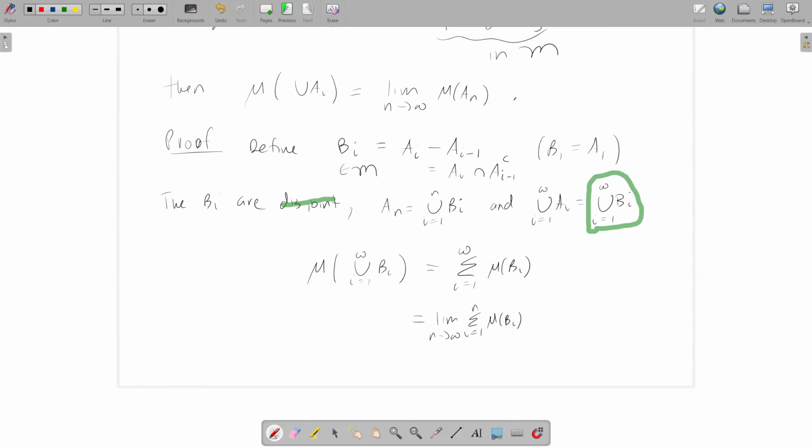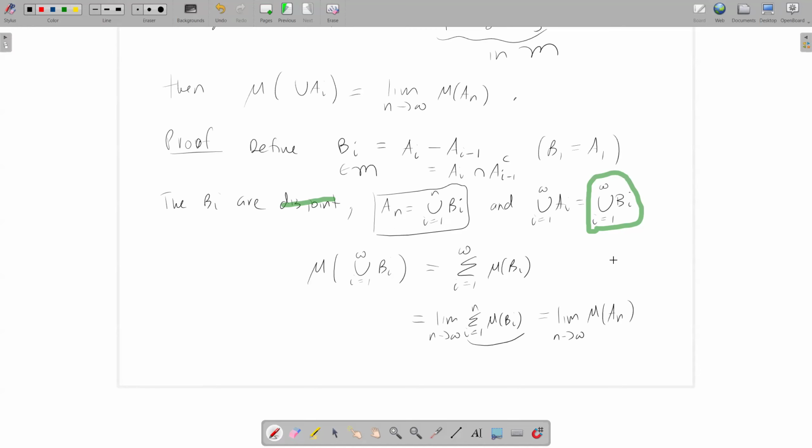Okay, and then this is then equal to the measure of A_n, right? By that second sum, because this is also a disjoint union. It's a finite disjoint union. Like I said, going from countable to finite, it's pretty easy. Just take the empty set a bunch of times.